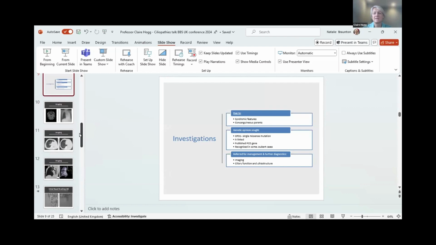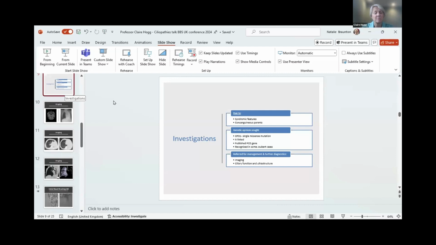Because of his dysmorphic features and the consanguinity, which is the intermarriage within his family, he was referred to a clinical genetic service, and they identified this single mutation in OFD1, which is orofacial digital mutation. It's X-linked, and often in males, X-linked disorders like this actually tend to be lethal, but it obviously hasn't proven that way in this child.